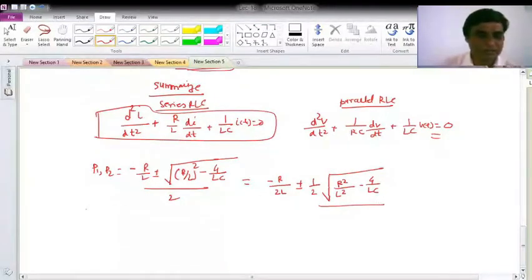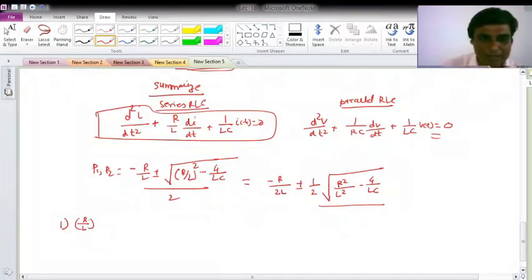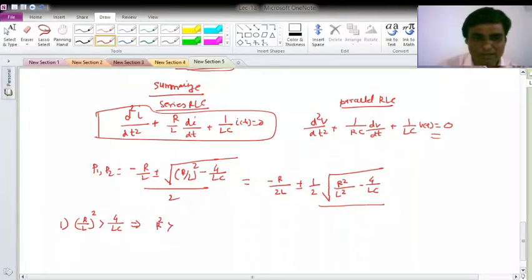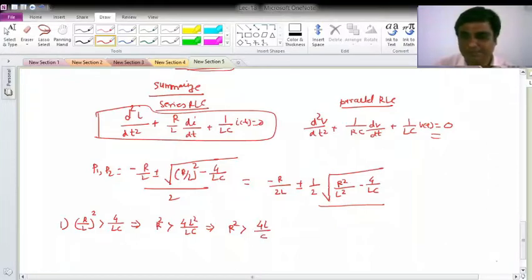Okay, so first, what was the first case? First case was when your R square by L square was greater than 4 times 1 by LC, means R square is greater than 4L upon C, in short.